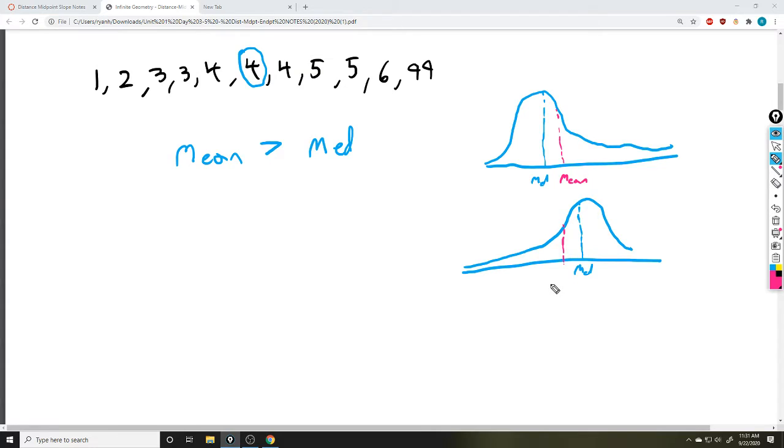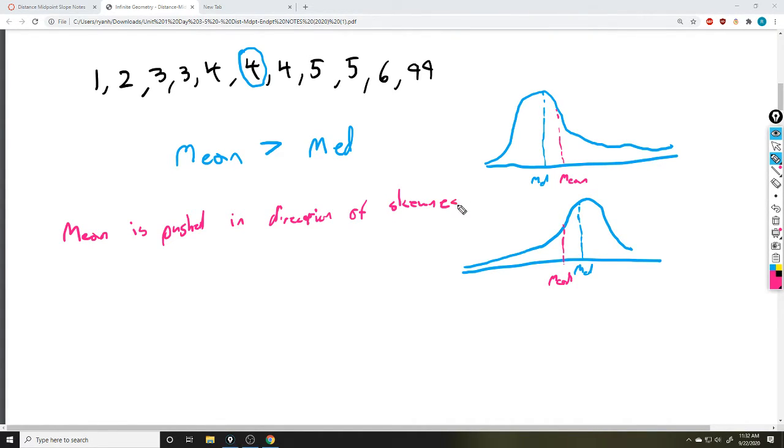And that'll put the mean around here. So what happens is that the mean is pushed in the direction of the skewness.